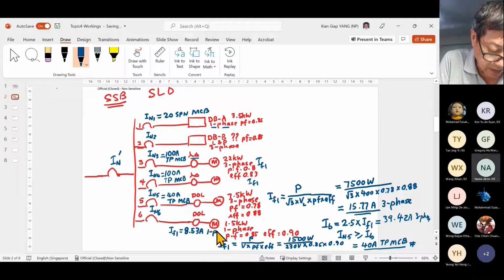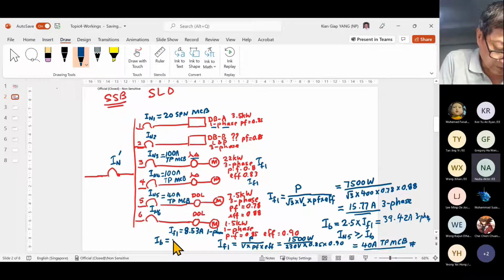Single phase or three phase? Single phase. Therefore, now my IB equals to what? IB equals to 2.5 times IFL, the full load current. So tell people why DOL starter is used.